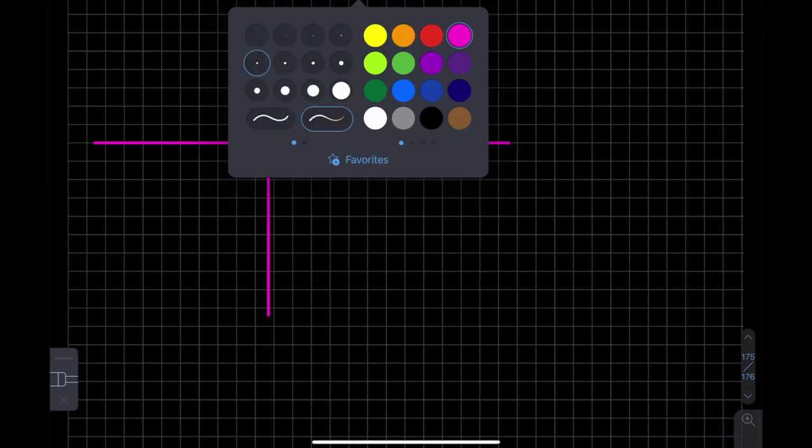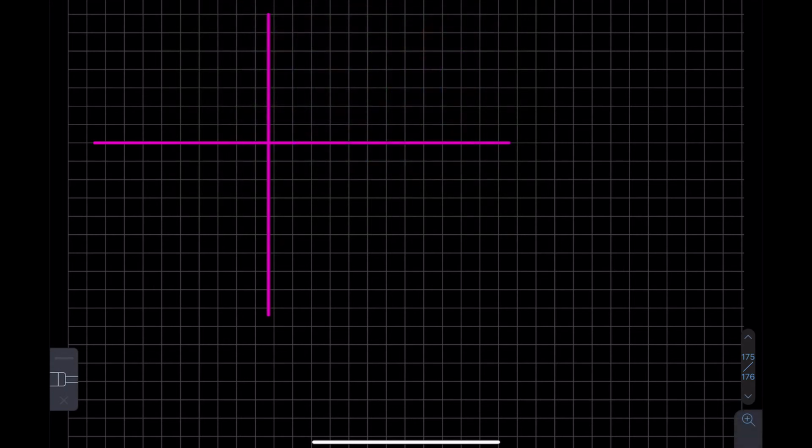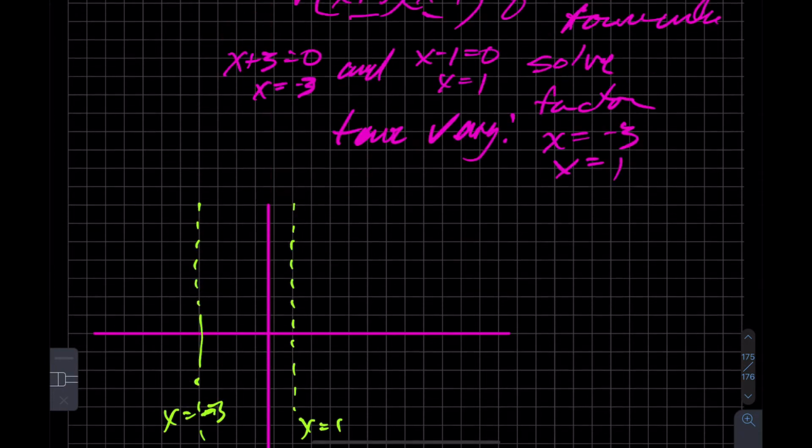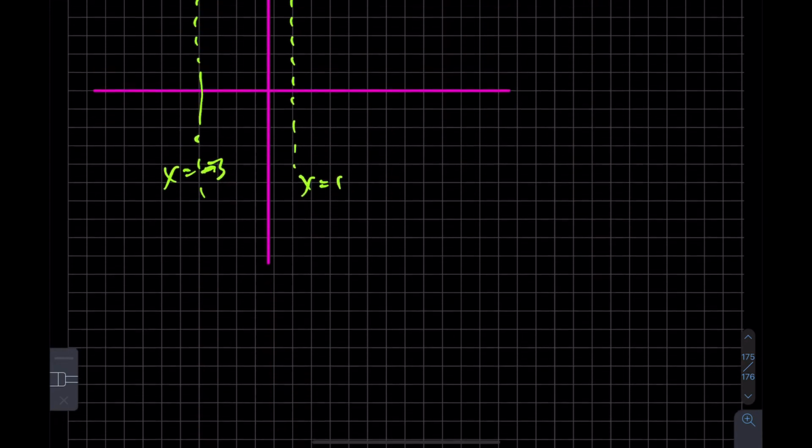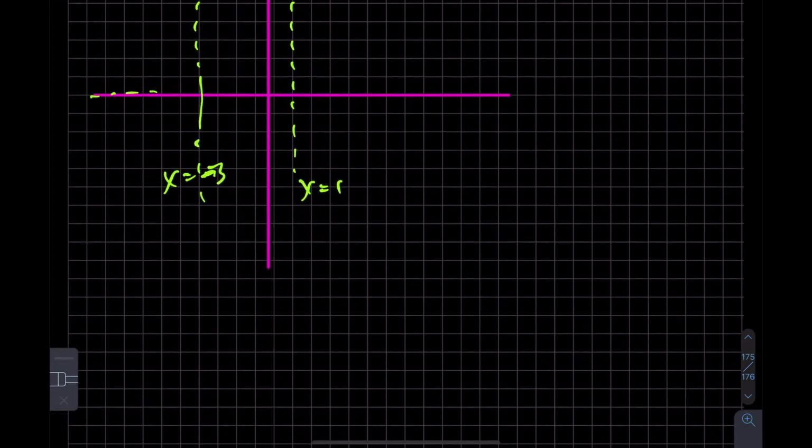They're going to look like this. I think I said negative 3, so let's make that over here. And I said 1. Let's put that here. That's x equals 1 and x equals negative 3. I believe that's what they were. Yep. And then we had y equals 0.